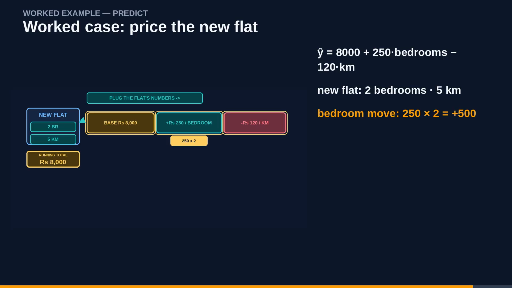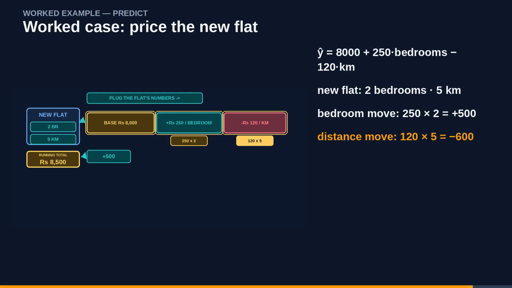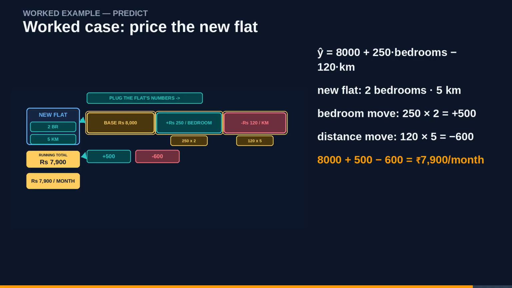The bedroom move, 250 times 2, is 500 rupees up. The distance move, 120 times 5, is 600 rupees down. Total: 8,000 plus 500 minus 600, 7,900 rupees a month.